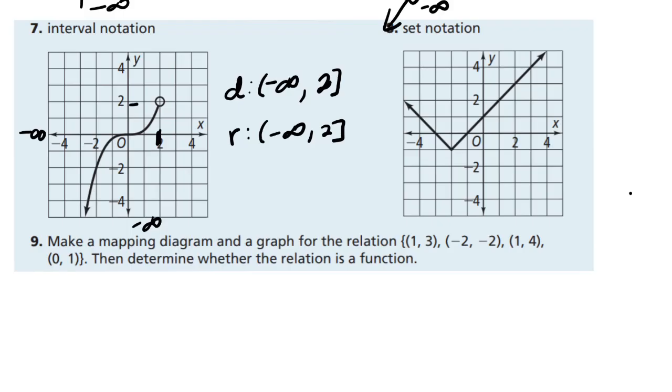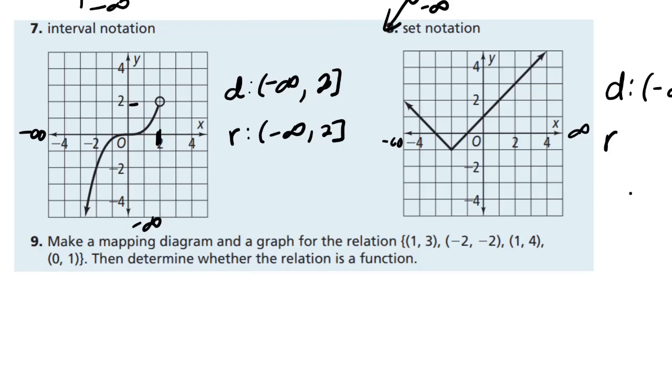For number 8, we know that it goes from negative infinity for the domain. The lowest is negative infinity. The highest is positive infinity. So the domain goes from negative infinity to positive infinity.